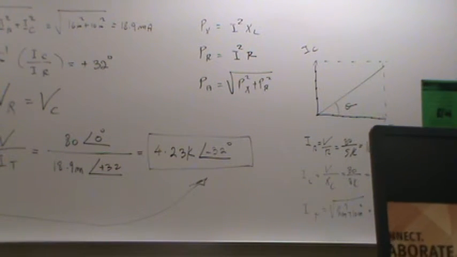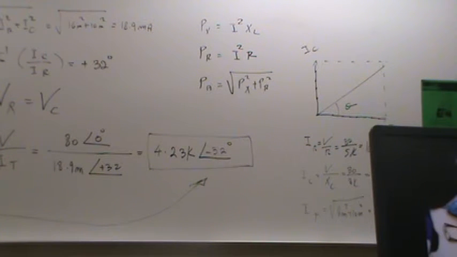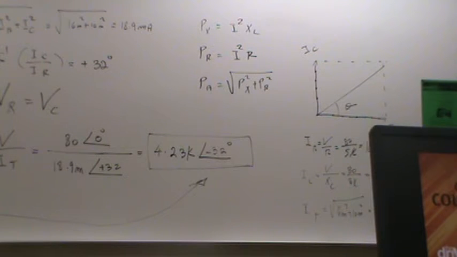This will be X of C. Angles will be negative. This minus minus becomes positive, so this will be positive actually.